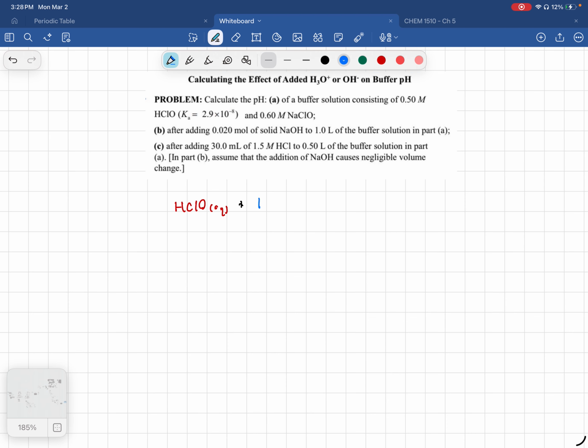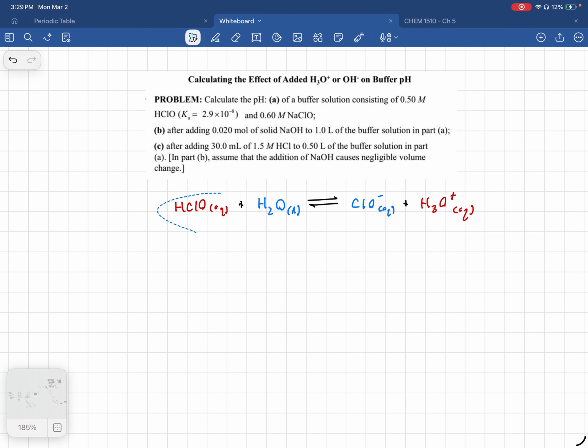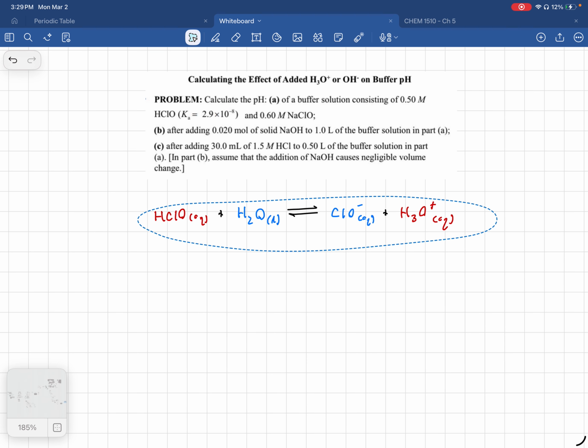So water is going to act as the base in this case. And so the HClO becomes its conjugate base form, ClO minus. And then, of course, that H2O becomes H3O plus aqueous, right? So there is our acid-base equilibrium.